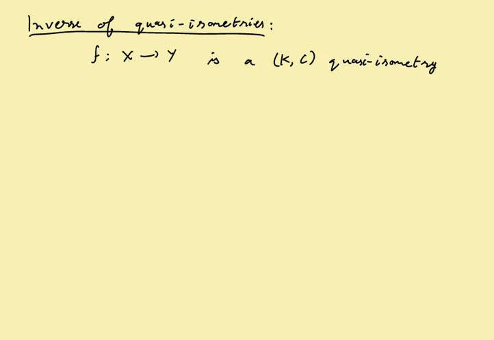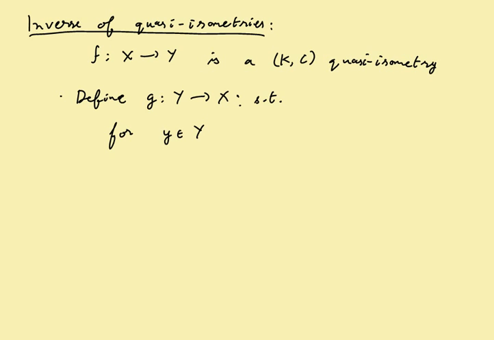Then I want an inverse function from this. So I defined a quasi-isometry, and I would say X is quasi-isometric to Y if there is a quasi-isometry. But is there a quasi-isometry in the other direction? Well, you define g from Y to X such that something holds, and this is very, very far from canonical, for y in Y.